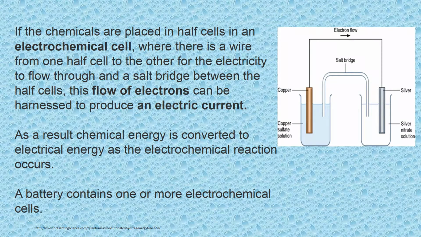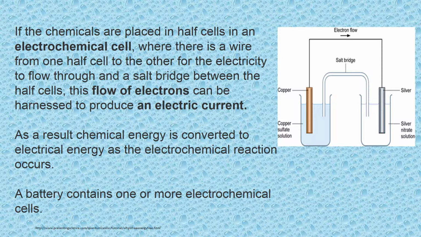So let's look at the text now. If the chemicals, which are our copper and silver nitrate, are placed in half cells, or in two separate beakers, in an electrochemical cell, there is a wire from one half cell to the other for the electricity to flow through. Why do you need this wire? For electrons to flow through. And you have a salt bridge between the half cells. This flow of electrons can be harnessed to produce an electric current. So you know there's a transfer of electrons.